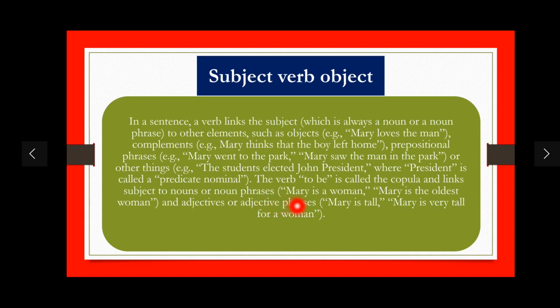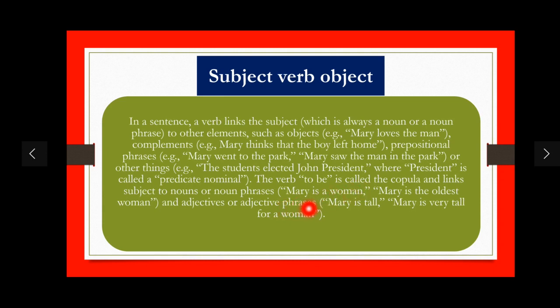For example, Mary is a woman. So here is a to be verb, also called a copula verb, which links the subject with the noun or a pronoun. So Mary is the oldest woman. An adjective or adjective phrase: Mary is tall and Mary is very tall for a woman.